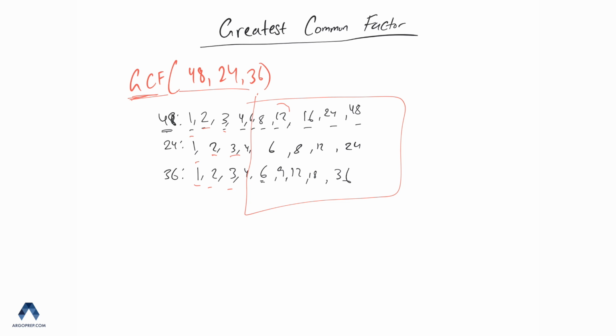If you take a look, I see that the number 12 appears in all 3 numbers. 16, 24, and 48 do not appear in all 3 sets. That means that the greatest common factor of the set of 48, 24, and 36 is the number 12. And that is the first way that you can do this question.